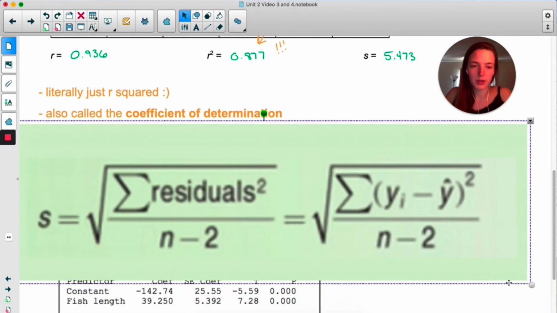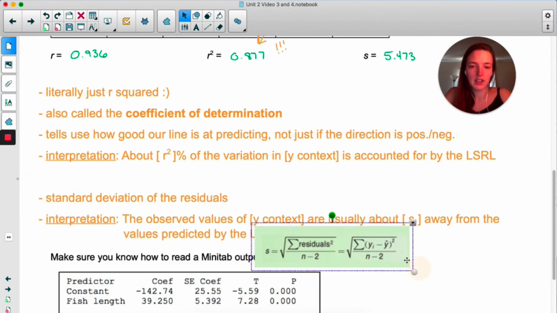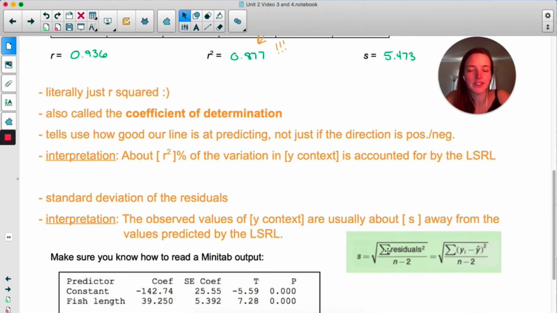I can show you the equation for standard deviation of the residuals. It's a bit much to do by hand. It involves calculating all the squared residuals, adding them all up, dividing by n minus 2, and then taking the square root. Exactly what we did earlier in this activity, except n minus 2 instead of n. Even with 5 data points, that was a pain. So more often you'll just be given S and you'll be asked to interpret or use it.